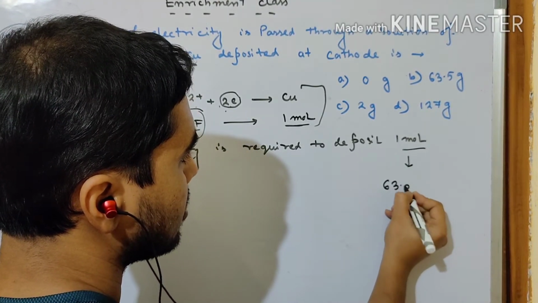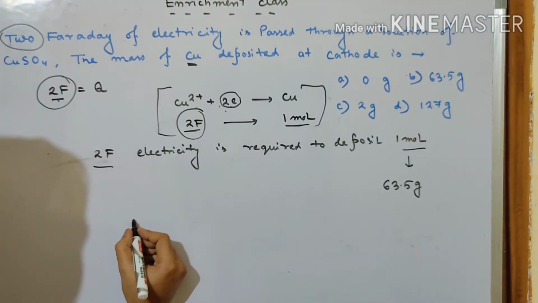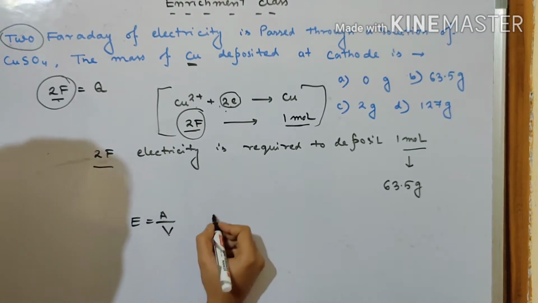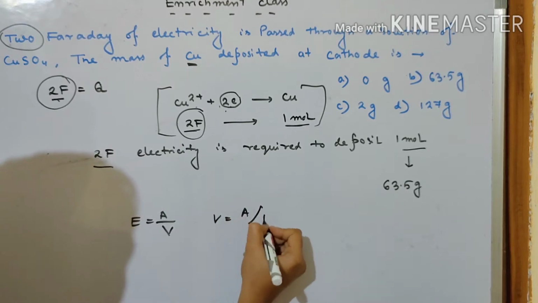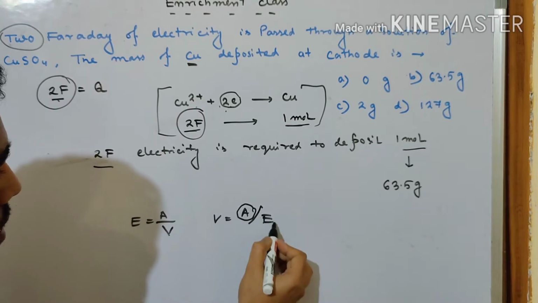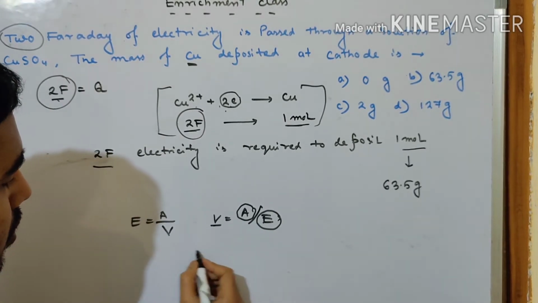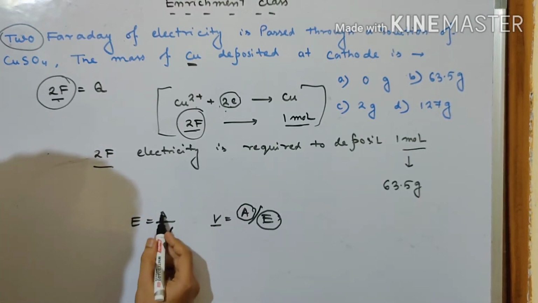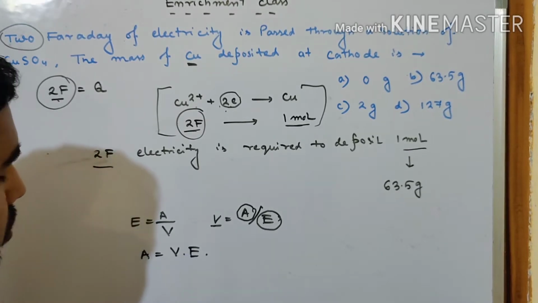It is 63.5 gram. Remember, it's like E is equal to A by V. So we can say V is equal to A by E. That means this A is the atomic weight and E is the equivalent weight, and V is the valency. So if we need to find out A, it should be V into E, that is valency into equivalent weight.